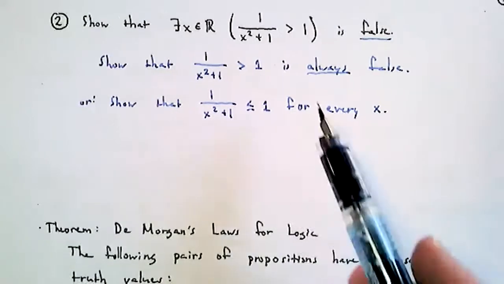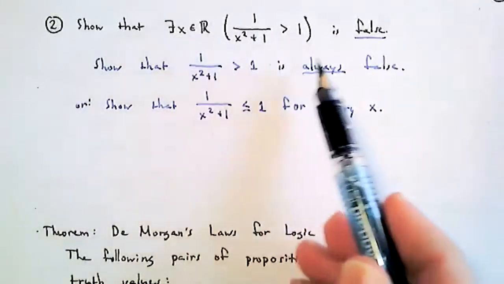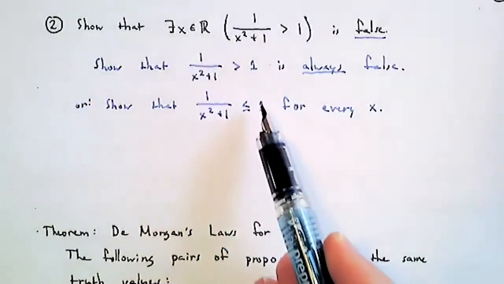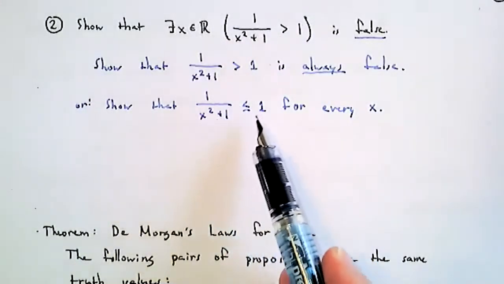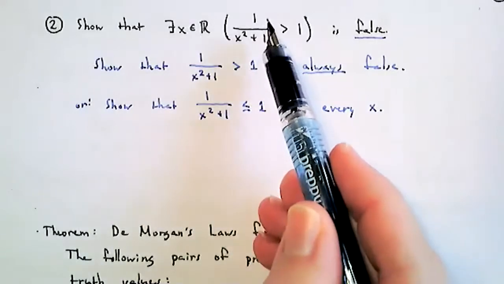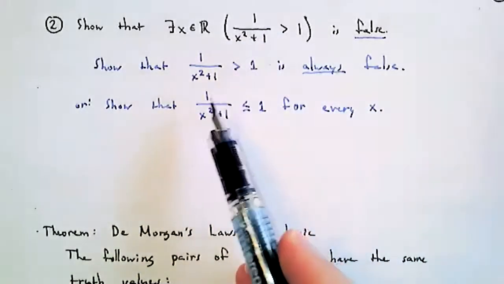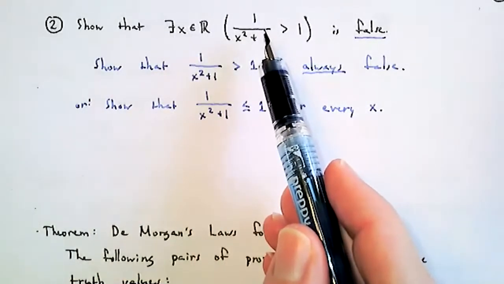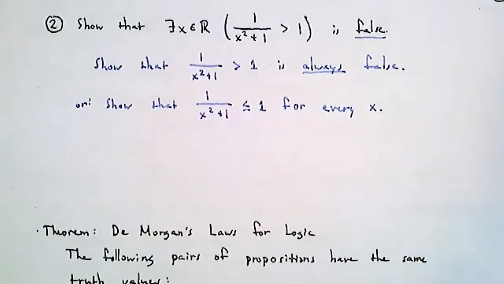So in order to show that this statement is false, we have to show that this inequality is true. So we've sort of swapped around our way of thinking. When we're asked to prove that something is false, we have to use the negation. That's kind of right.